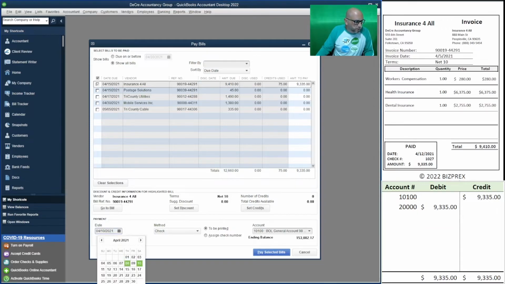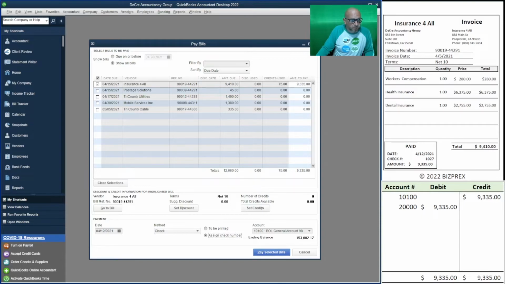So here it is. Let's pick correct date. All right, let's say we're gonna assign check number. I'll show you how to print it. It's not much difference, but here it is. All right, so once we pay it, this amount, 9,335, here it is, right, because again, this was the original, remember, this was the original credit to 20,000, then we debited with credit memo 75 to 20,000, and we're going to make another debit to 20,000.